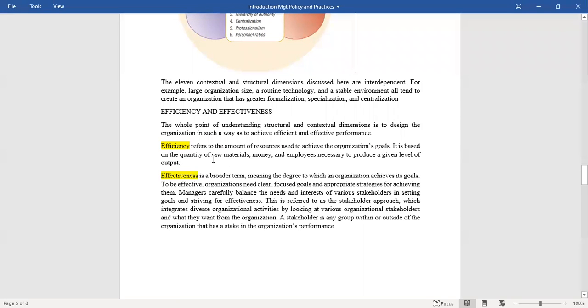If the quantity of raw material, money, and employee effort is necessary to produce at a certain level, the manager always keeps an eye that unnecessary resources are not being spent in a particular aspect, right?